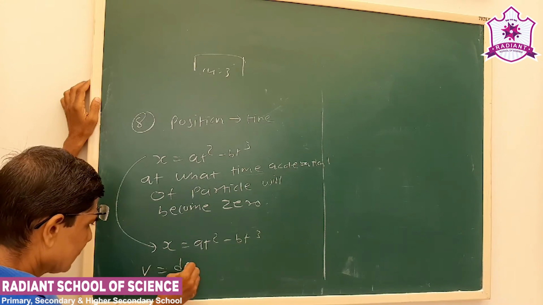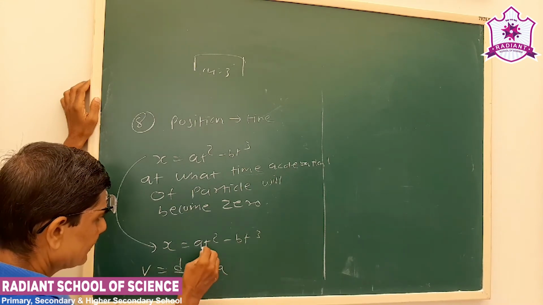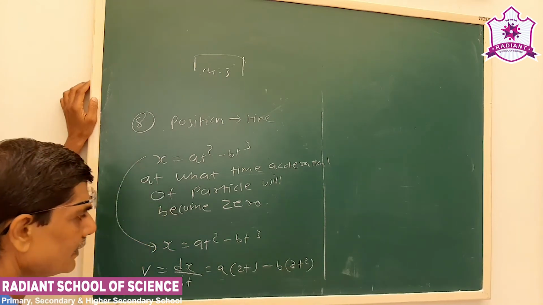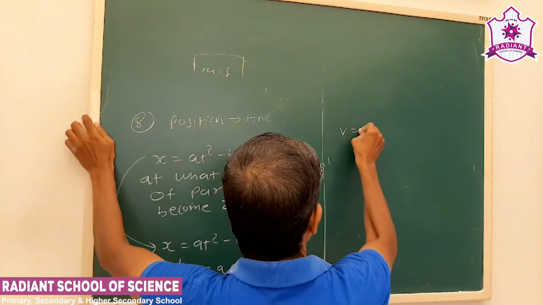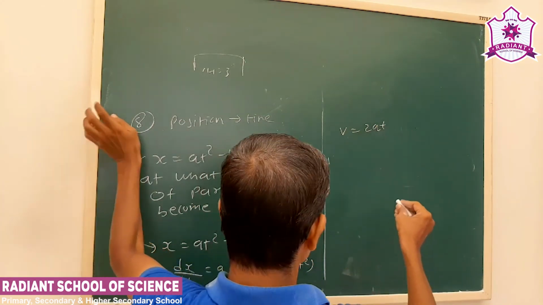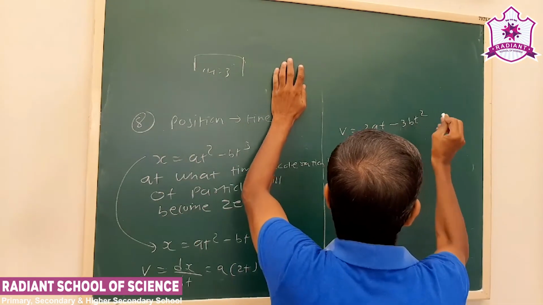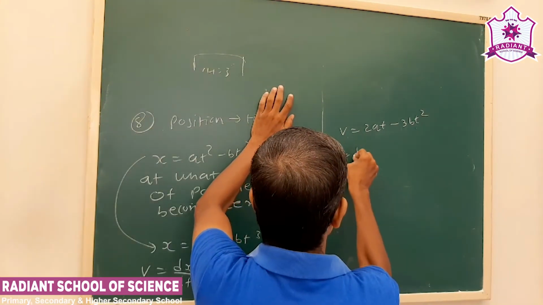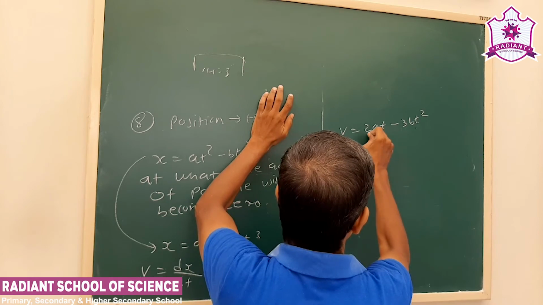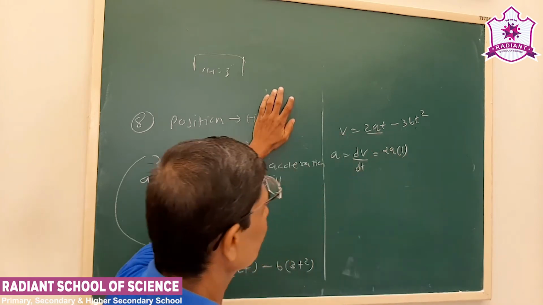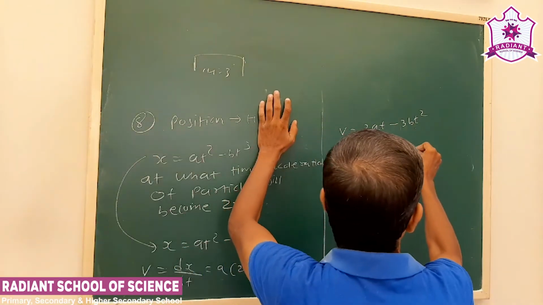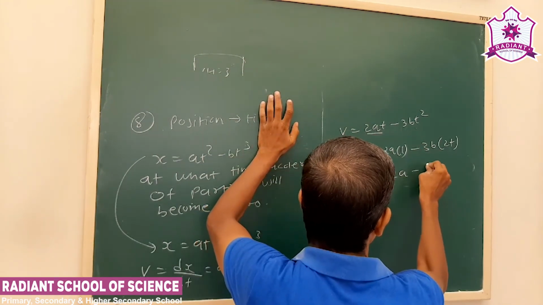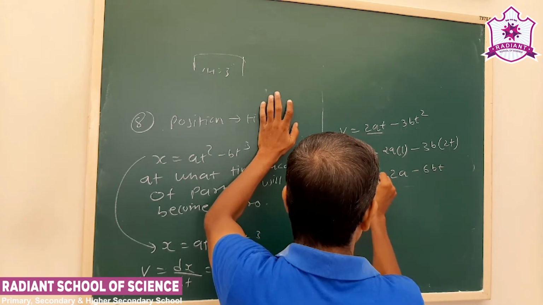Now velocity is the first derivative. The derivative of t square is 2t. The derivative of t cube is 3t square. So the velocity is 2at minus 3bt square. Now acceleration is dv by dt. Now 2a is constant, the derivative of t is 1, minus 6bt, that is 2a minus 6bt, which is the acceleration.